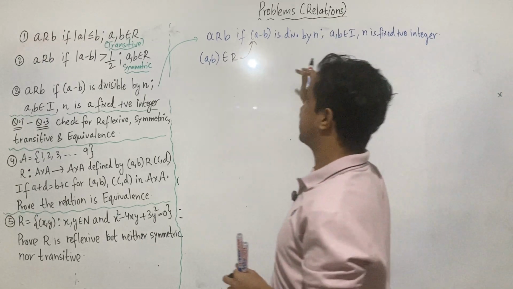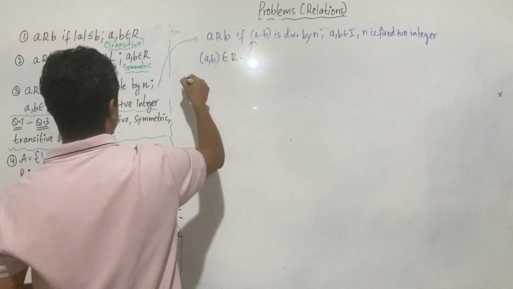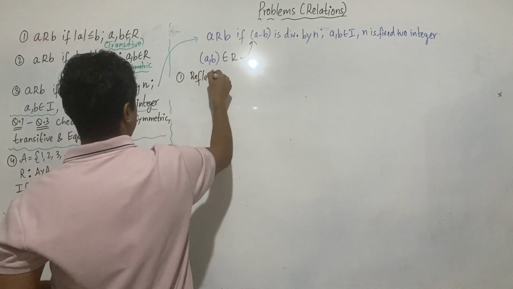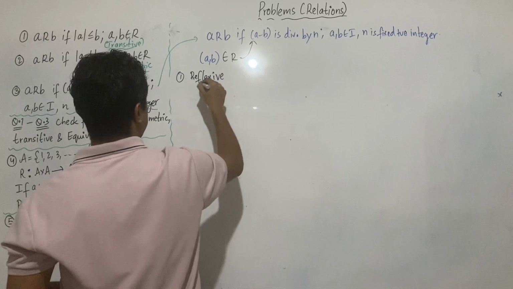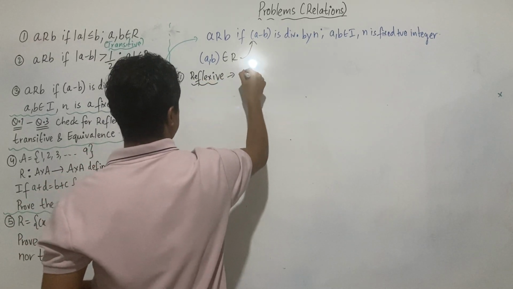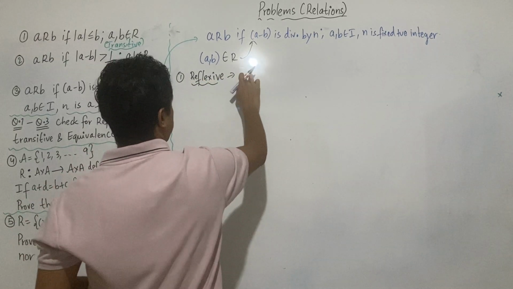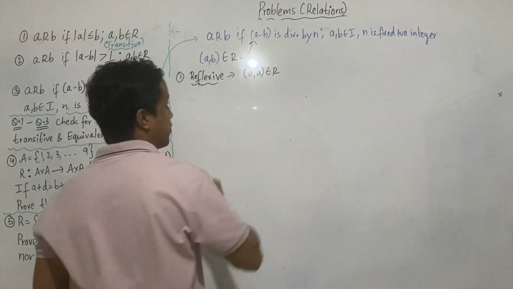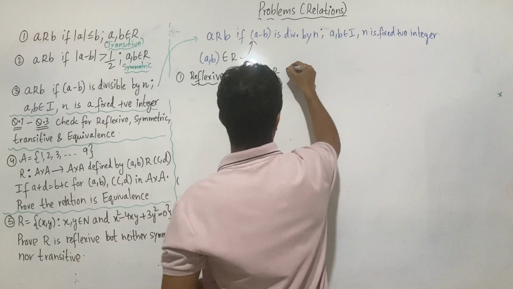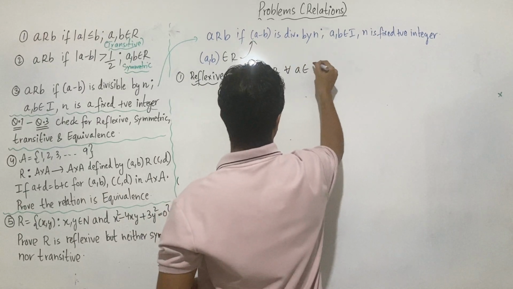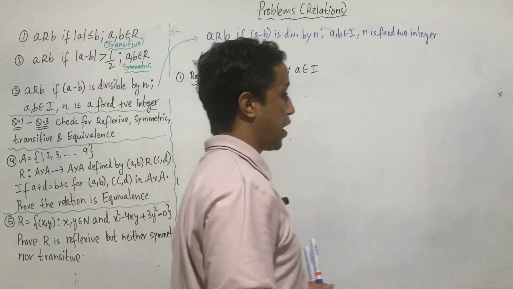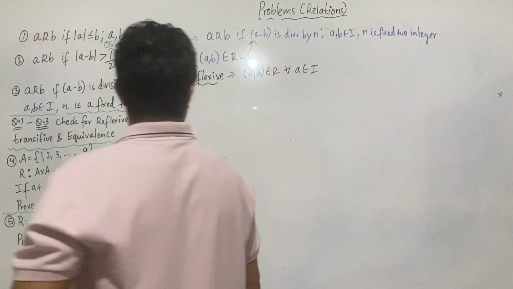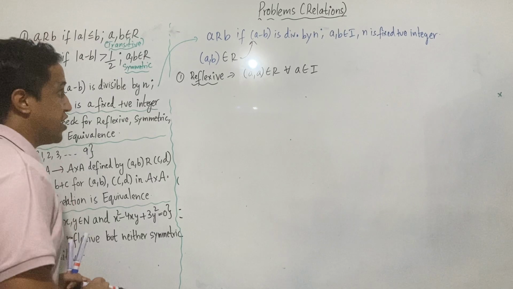So let's start with reflexive. This is going to be a reflexive relation for all A belonging to the integers. Here, what is given?